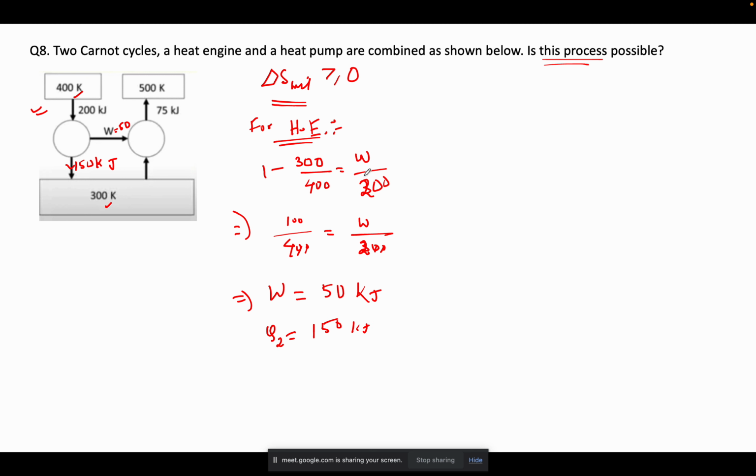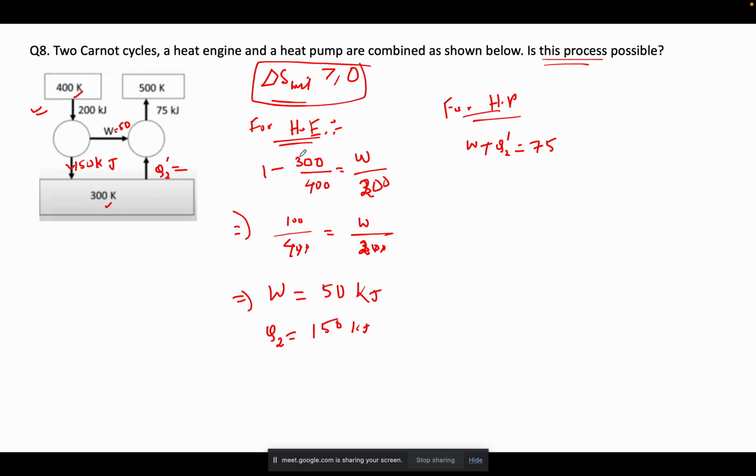Now first I will make the calculations and then I will check this. Now for the heat pump, I require all the energy inputs. So I have W, I have this 75, so W plus Q2 dash is equal to basically my 75.